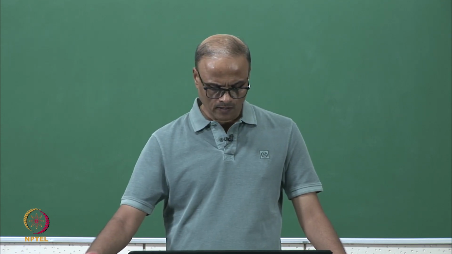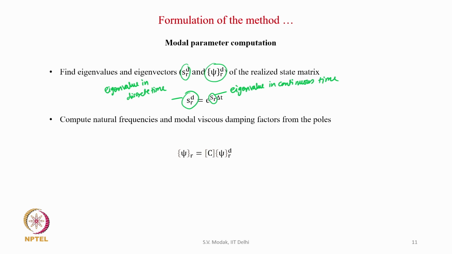right. And the eigenvector in continuous time is related to the eigenvector in discrete time through matrix C, which is the output matrix, and this output matrix can be obtained from this relationship, which also has been obtained from the system realization theory, right.